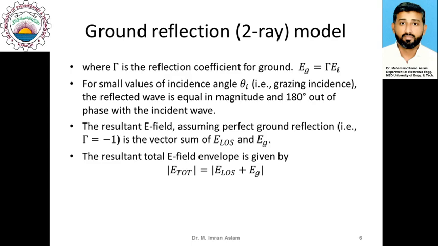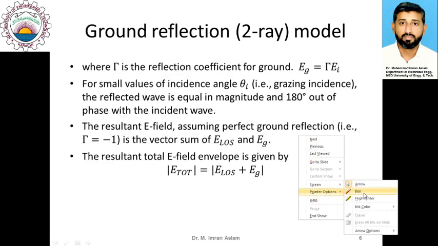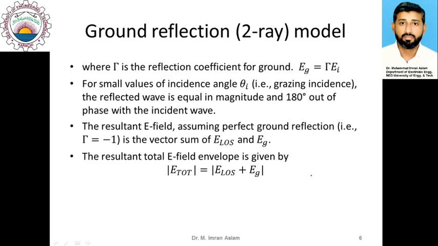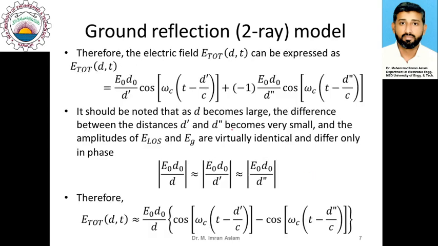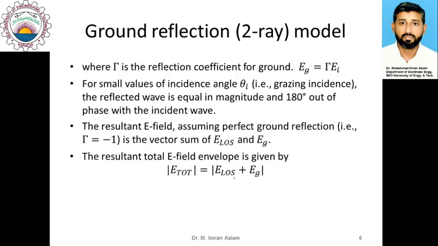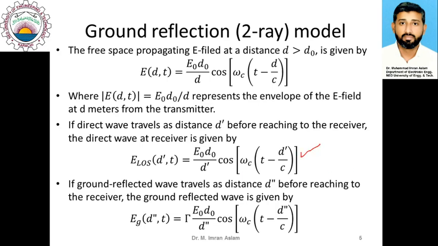Okay, before moving further, let us try to calculate the total field, for the time being ignoring the vectorial effect of the field. So the total field, which is the sum of these two, we can calculate using the expressions here. This is ELOS and EG.